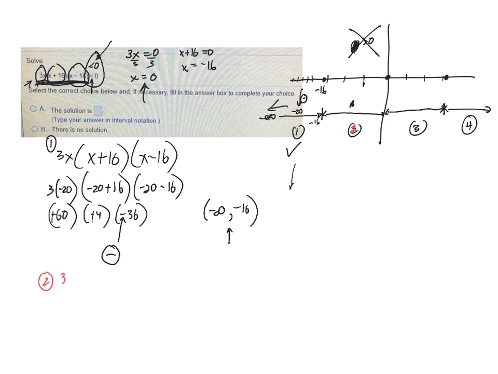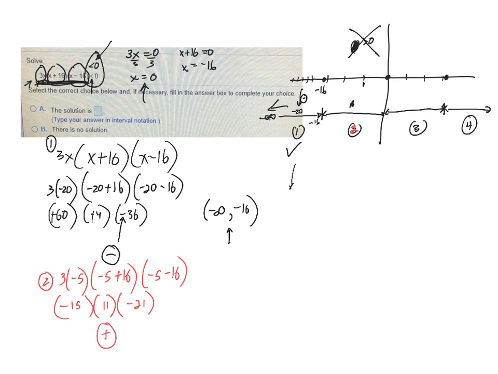So it'll be 3 times negative 5, that's the number I picked. Negative 5 plus 16. Negative 5 minus 16. This would be negative 15. This would be positive 11. This would be negative 21. Two negatives make a positive, so this would be positive.